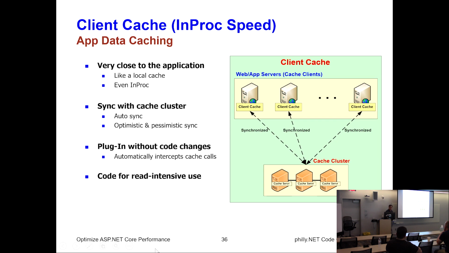NCache has this feature called client cache, which gives you in-proc speed. So a subset of the cache, based on every application instance's usage pattern, gets cached within the application process. Now, it's not a disconnected cache. A client cache is a local cache, but it is connected to the caching tier. So if this client changes data here, the caching tier knows that these two boxes maybe have that same data, and it will notify them.